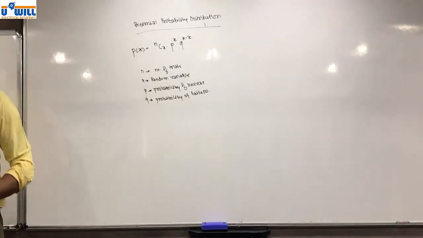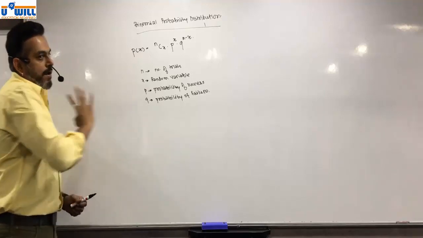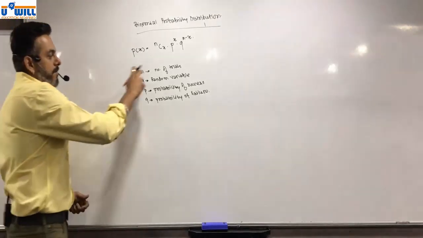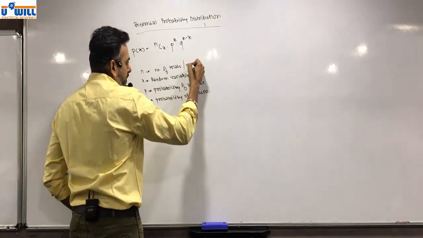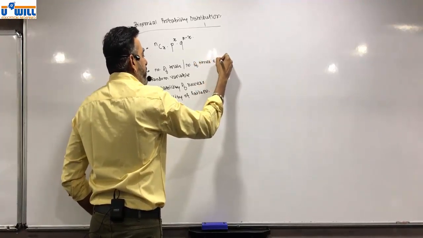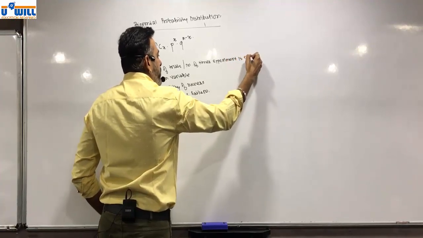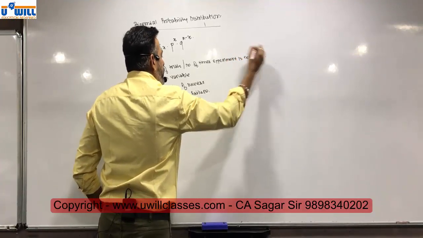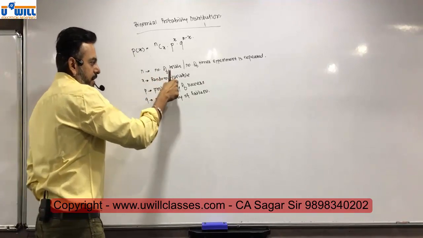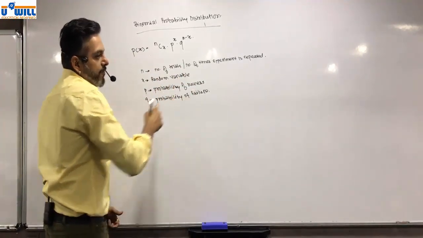Now in every sum we have to find these four parameters. N is the number of trials or number of times some experiment is repeated. X is the random variable, P is the probability of success, and Q is the probability of failure.